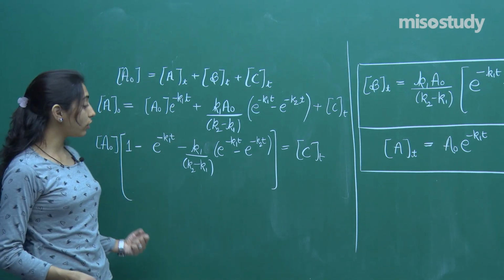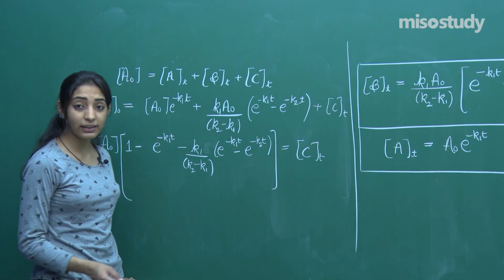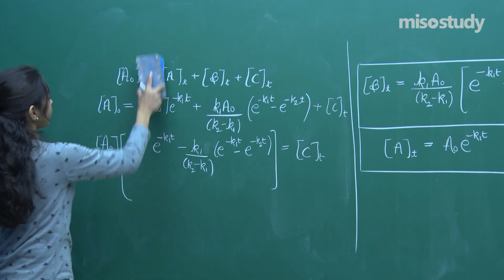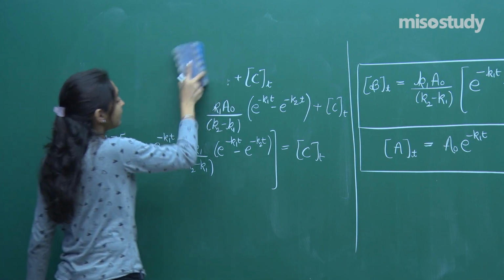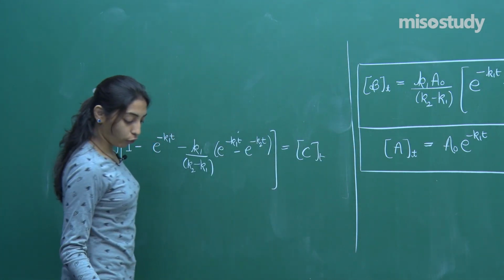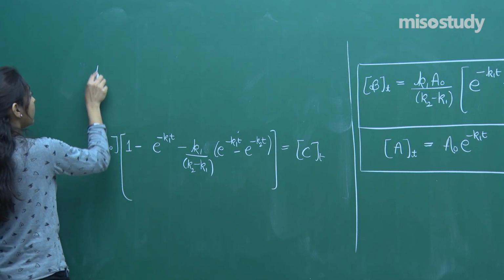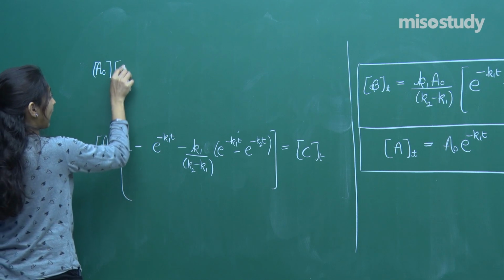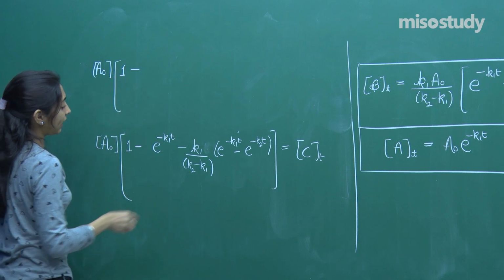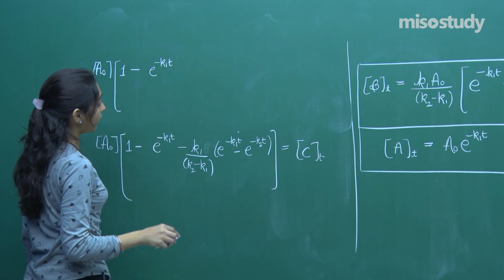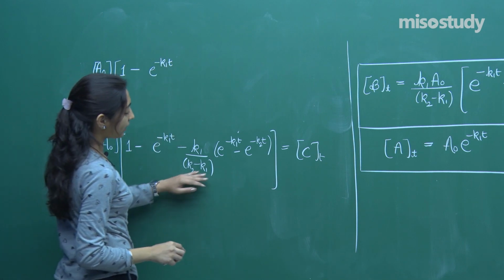But still you have not solved the final concentration of C. So I will ask you to further solve this term. Let me just remove this. To solve it further, I will write A naught here, write 1 here with a negative sign e raised to the power minus K1 into T. Then take this with this term.